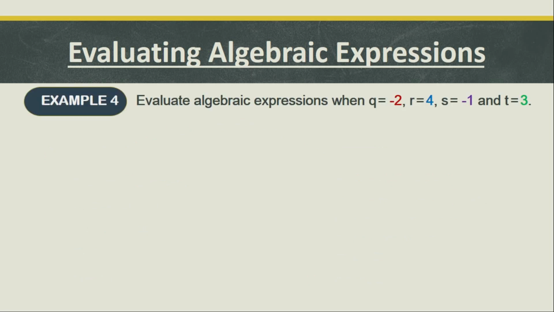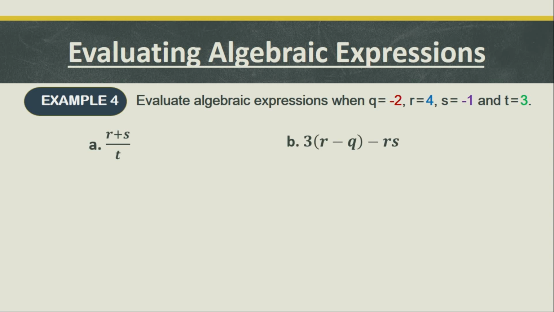Evaluate algebraic expressions when q equals negative 2, r equals 4, s equals negative 1, and t equals 3. I will present you here the first two examples, r plus s over t, and 3 times the quantity of r minus q minus rs.